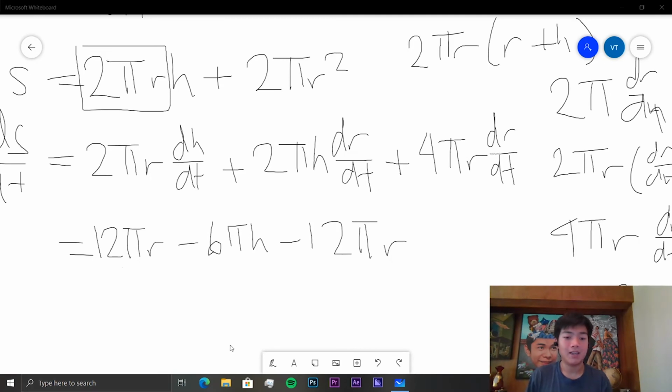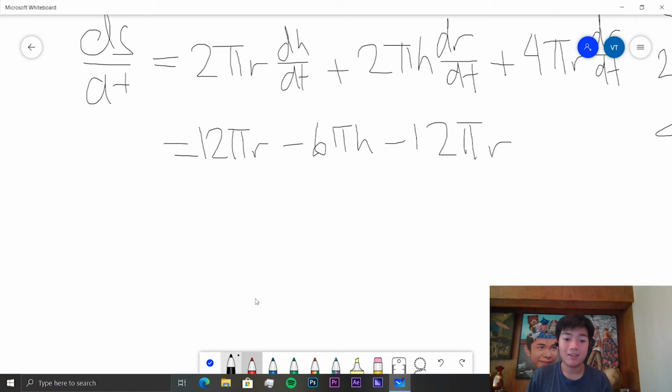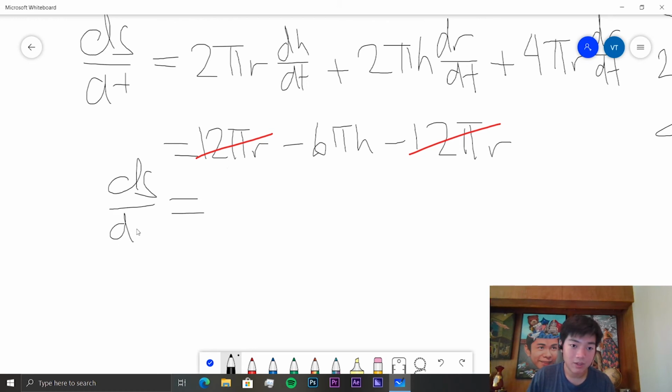Hello, I'm back, and I thought I made a mistake, but apparently I did not. Apparently, the answer is to completely disregard the radius and get that the rate of change in the surface area is simply equal to -6 times pi times the current height.